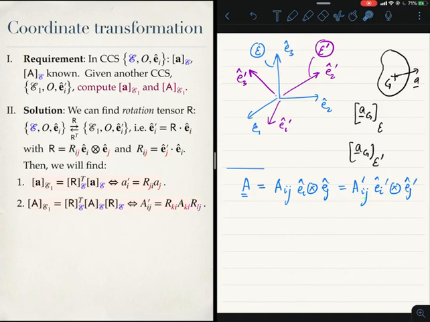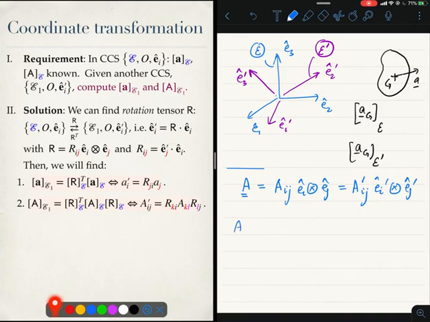And I will begin from this side, and I will try and convert this formula to look like this by using this expression we have to relate the prime unit vectors and the unprimed, the old unit vectors. So for that we use this here. Let's do that.